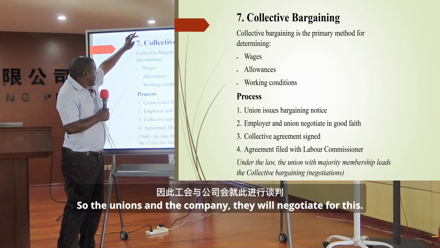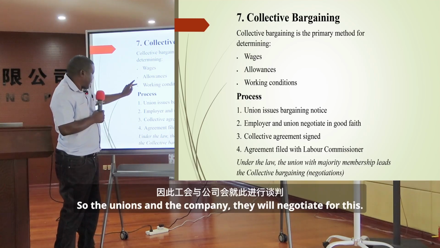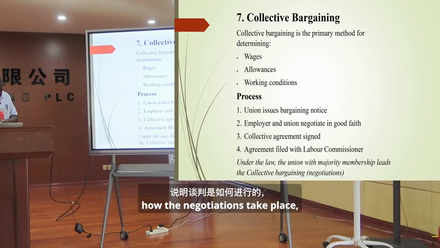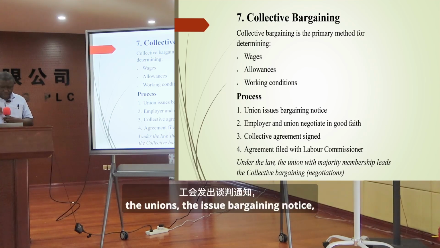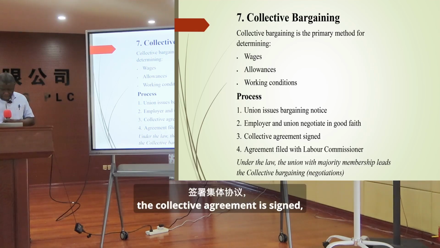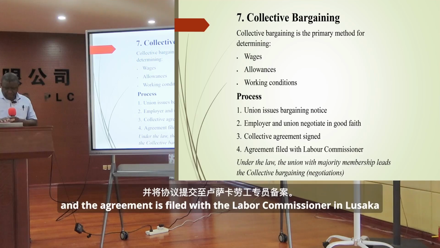The unions and the company negotiate for this. The procedure is described at the bottom there, showing how negotiations take place. The unions issue a bargaining notice, the employer and union negotiate in good faith, the collective agreement is signed, and the agreement is filed with the Labor Commissioner in Lusaka.